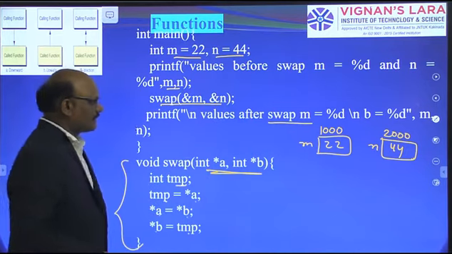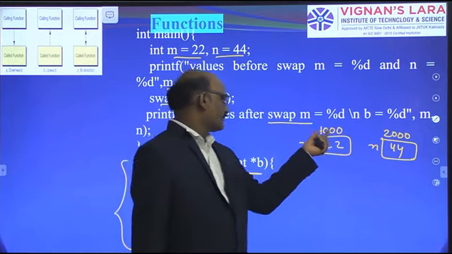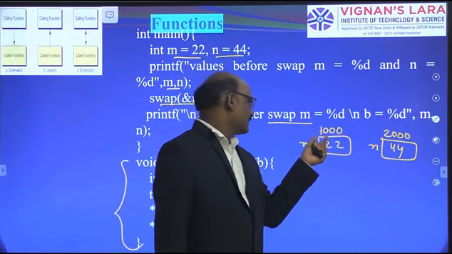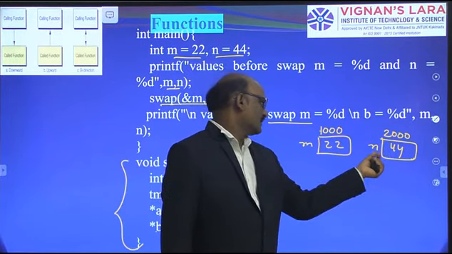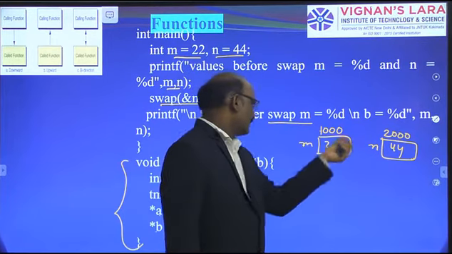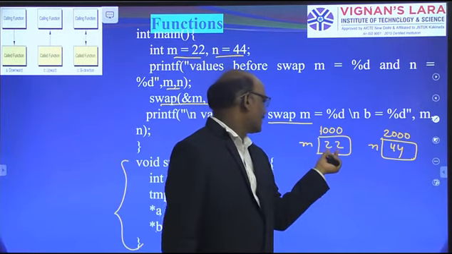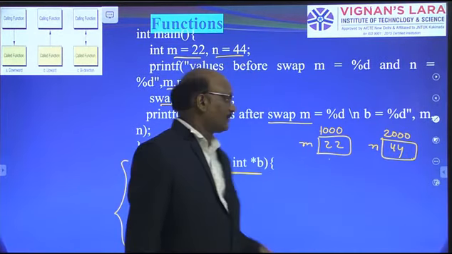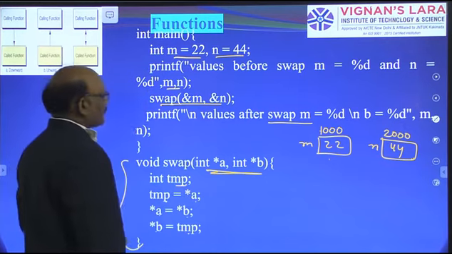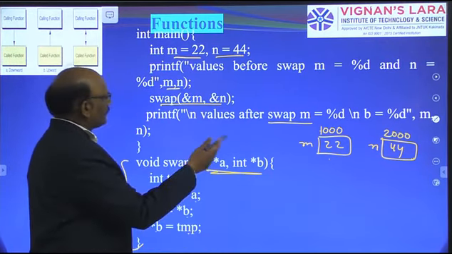Whenever variables are declared, the compiler automatically allocates some memory location for them. Name is m and its address is 1000. Name is n, its address is 2000, and it stores the value. Here I am initializing the values for the variables: 22 and 44. So first, the values before swapping, m and n, are 22 and 44.